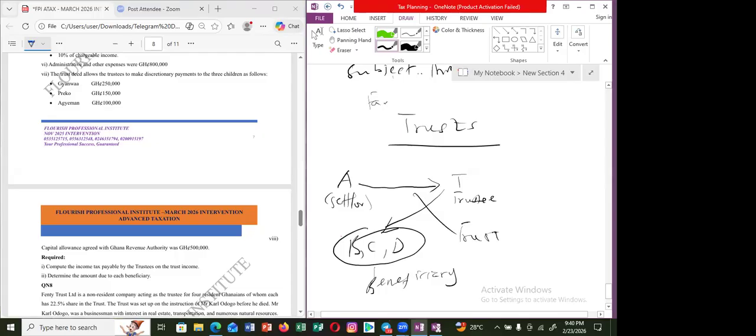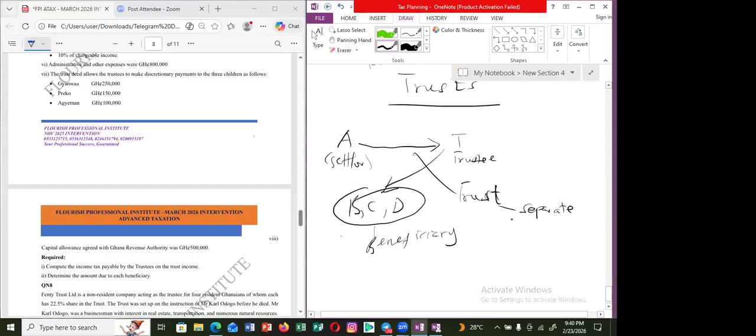Now, this trust relationship is normally treated as a separate institution, which means that assets owned or liabilities owed by the trust are treated as owned by the trust and not any other person.